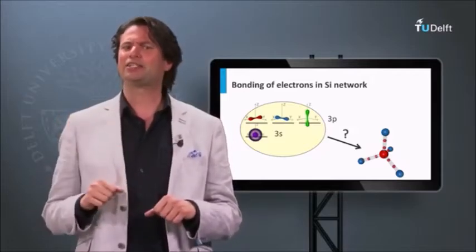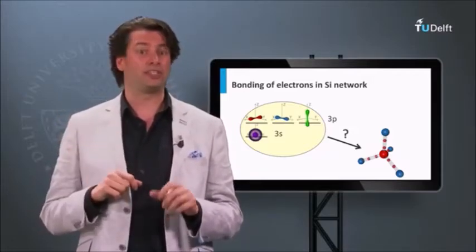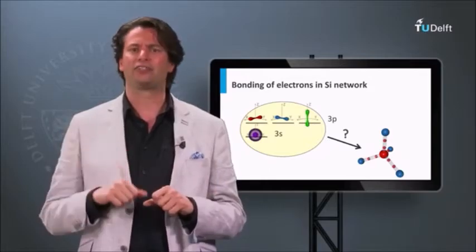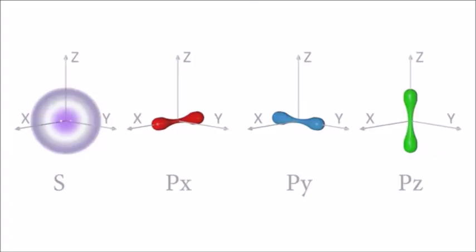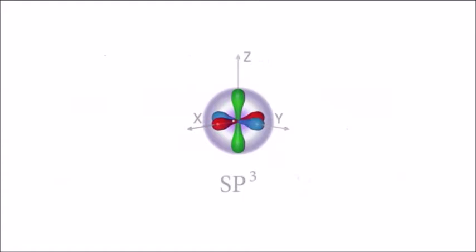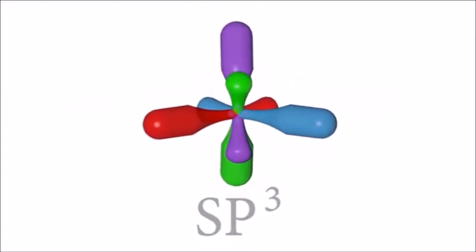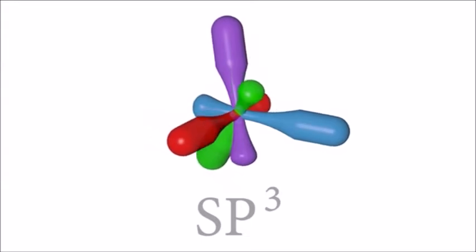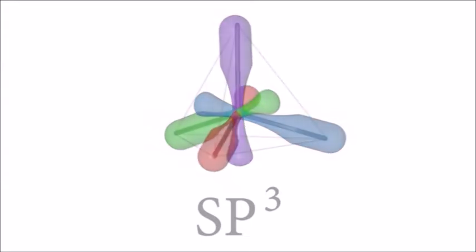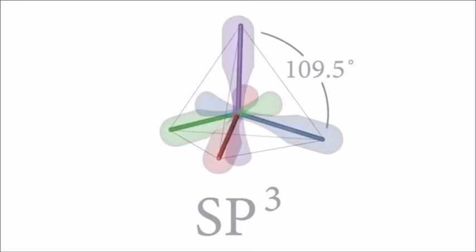To explain this, we consider 1 electron in the 3s state and 3 electrons in the 3p state. We now make a cocktail of orbitals. We will mix these 4 states. In nature, it appears that these 4 states mix into effective 4 symmetric states. The animation demonstrates the mixing.